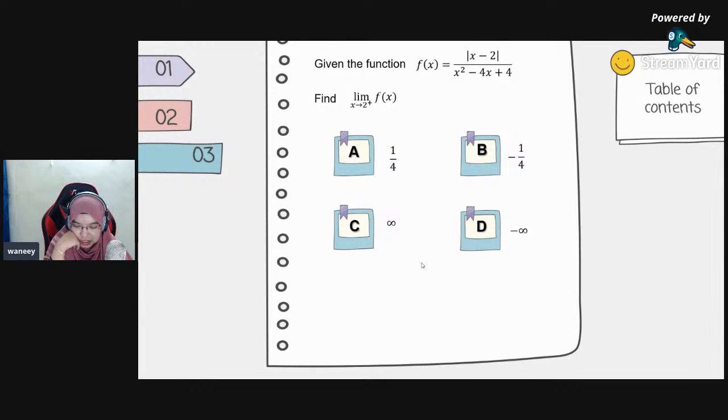Oh, 30% has already voted. Oh, dah ada 48. Go. Just in case ada orang yang baru masuk. Right now we are doing some voting. Nak tengok jawab soalan mana. A ke, B ke, C ke, D ke.